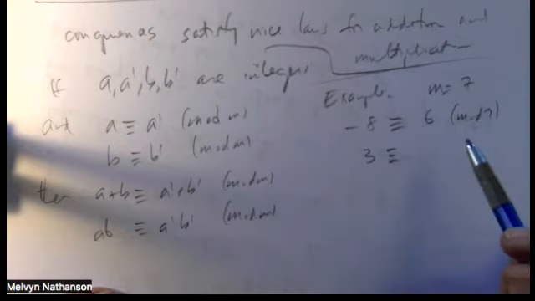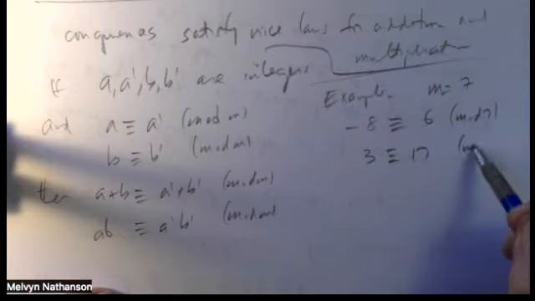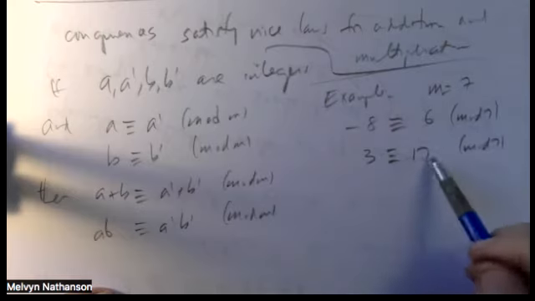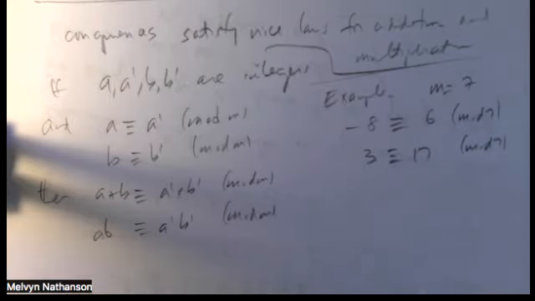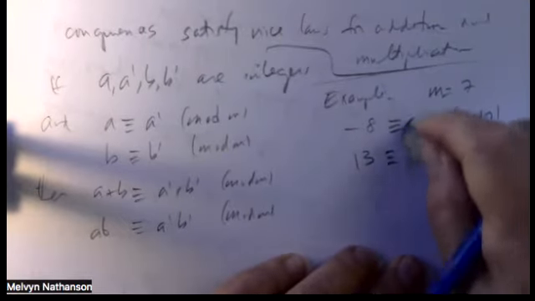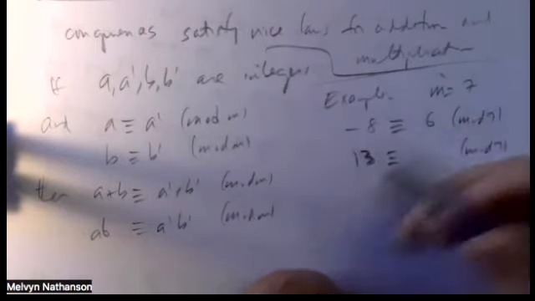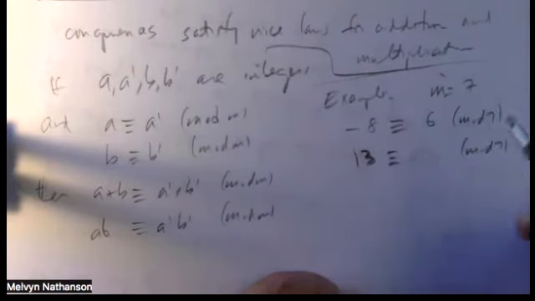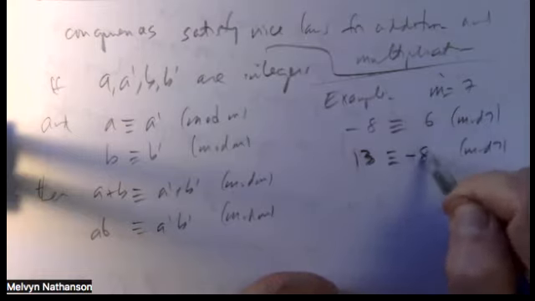And 3 is congruent to 17 mod 7, because 3 minus 17 is also minus 14. No, let me pick a slightly different number. So it doesn't work. Say 13. 13 is congruent to minus 8 mod 7.